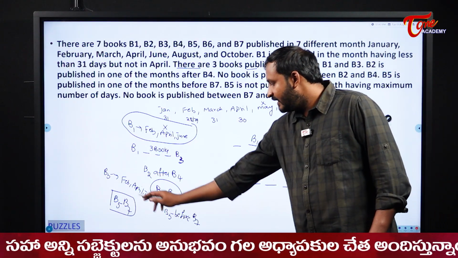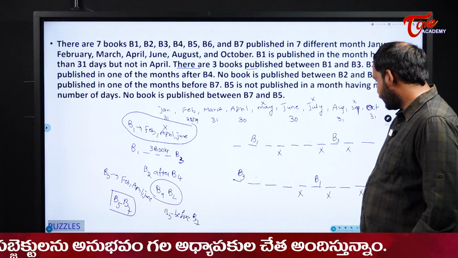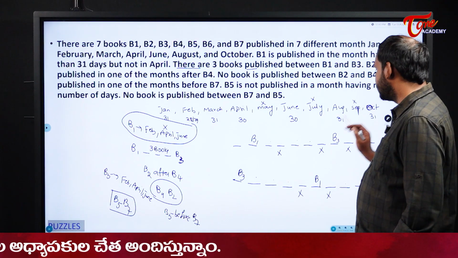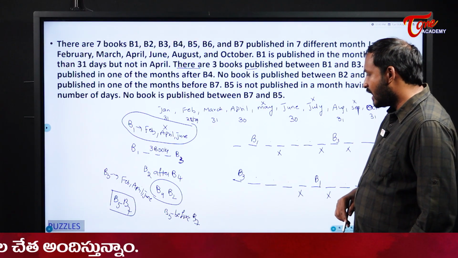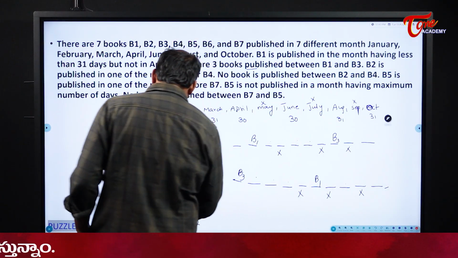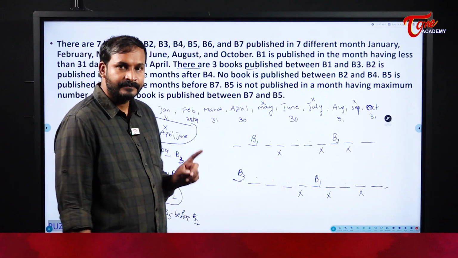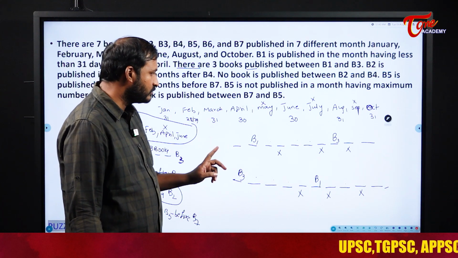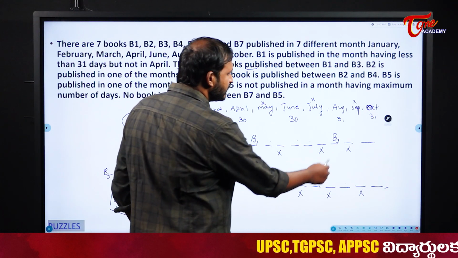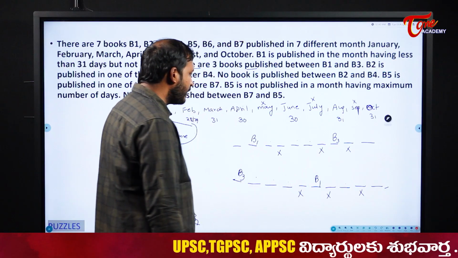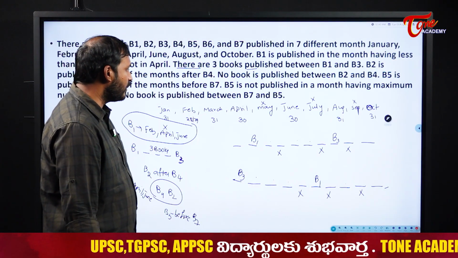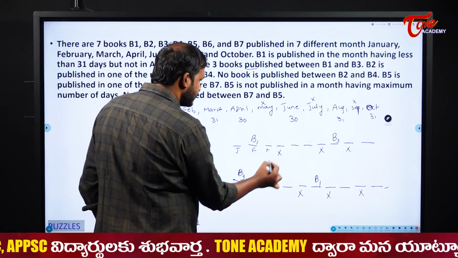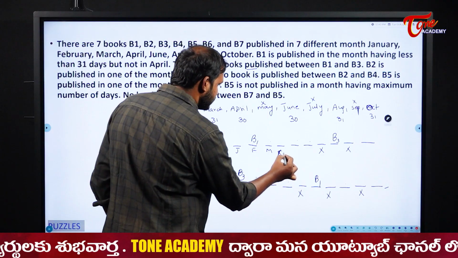Next, see here, students. B5 and B7. September is not possible for me here. They told that B5 can be used in February, April or June. Here February is gone and this one is August, so April or June I have.